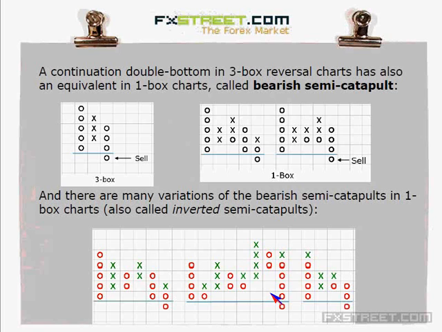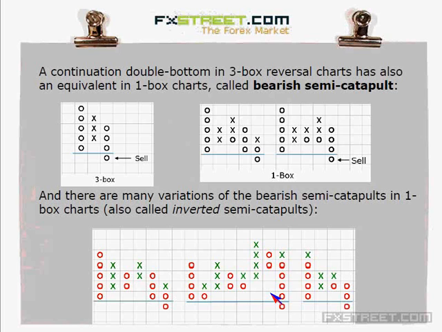In case of the continuation, okay, we have seen a continuation double top and a continuation double bottom. Okay, there are also equivalents between the 3-box and the 1-box reversal charts, and these are called also semi-catapults, but in that case a bearish semi-catapult.